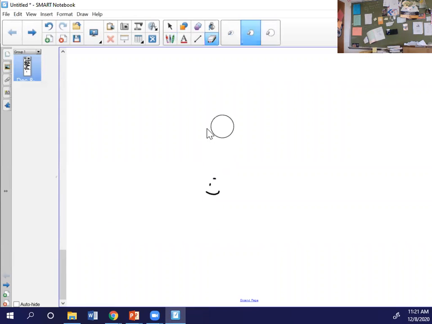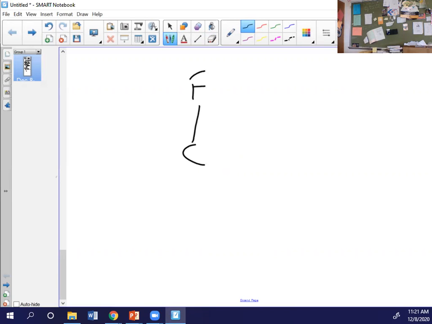My C's in the middle. I had an F going up. When I'm looking at the paper, I had an F going this way. And then continuing the paper, I have a shaded in triangle there and a dashed triangle there.